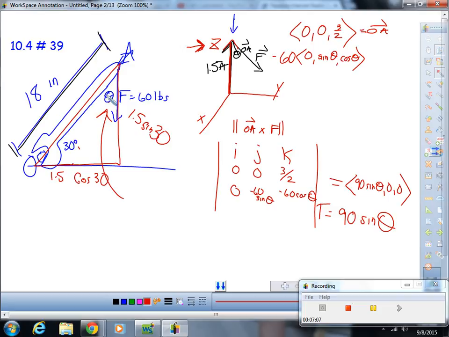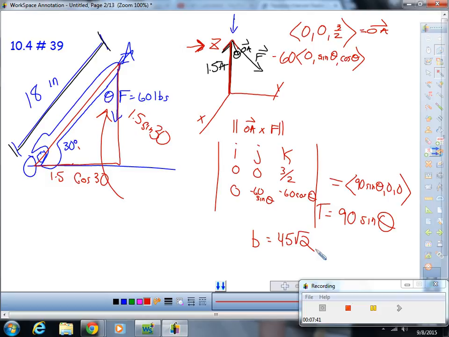Part B says use the result to determine the magnitude of the moment when theta equals 45. So when theta is 45 degrees, you get 90 times the sine of 45, and you get 45 radical 2. So for part B, it's just a value.